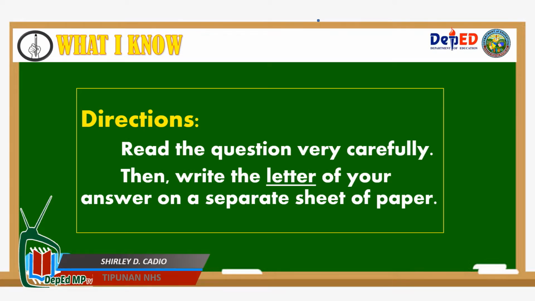To begin with, let's see what you already know about our lesson by answering the following questions. In doing so, read the question very carefully. Then, write the letter of your answer on a separate sheet of paper.